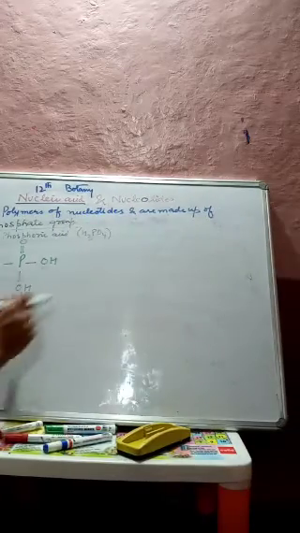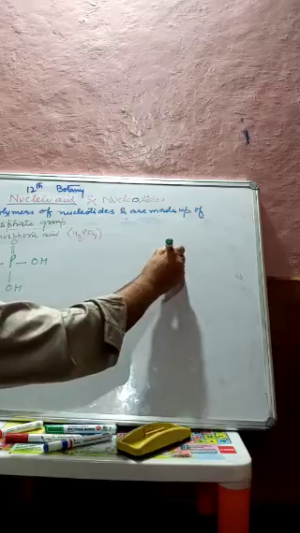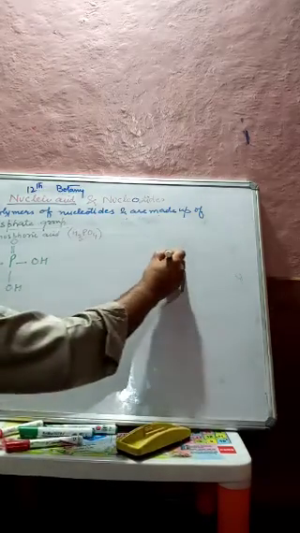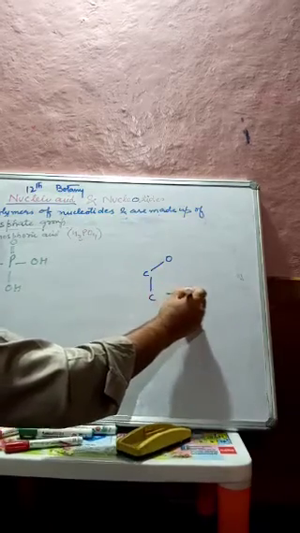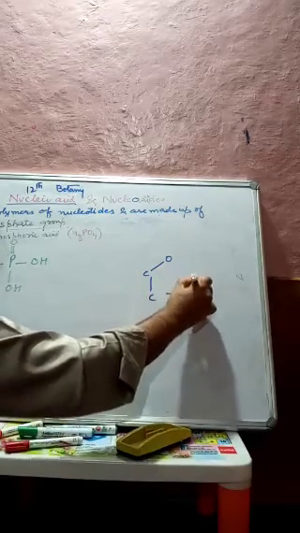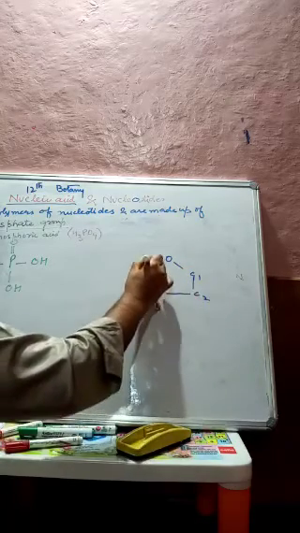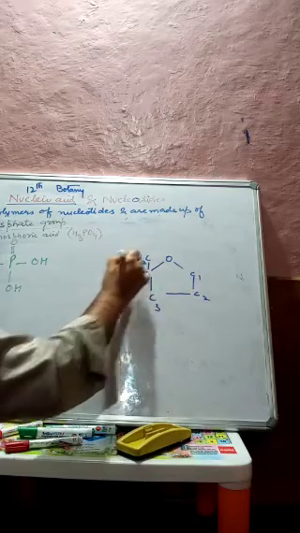For example, इस तरह हम देखेंगे. Carbon first, carbon second, carbon third, carbon fourth, and actually it is CH2OH.